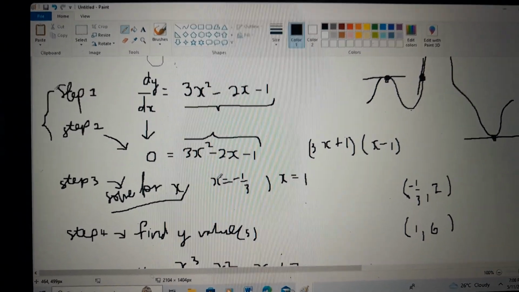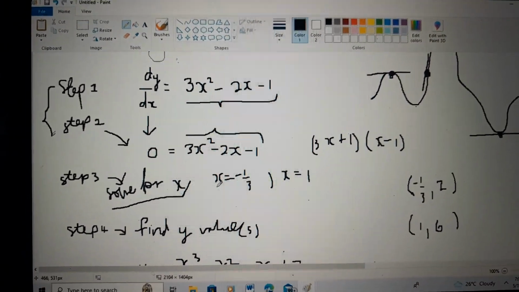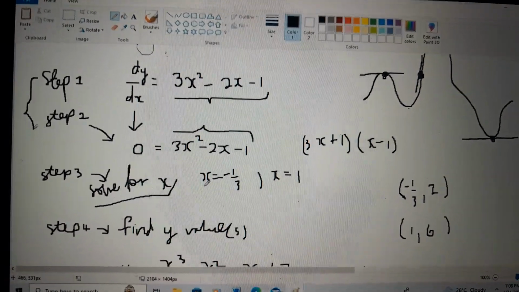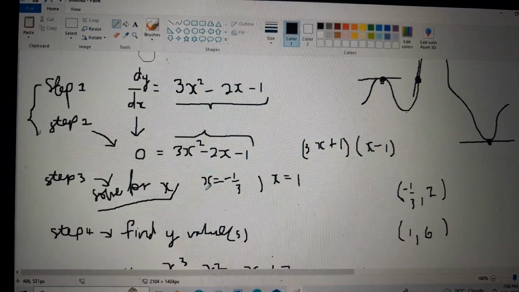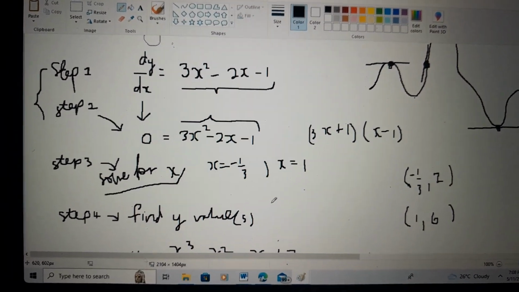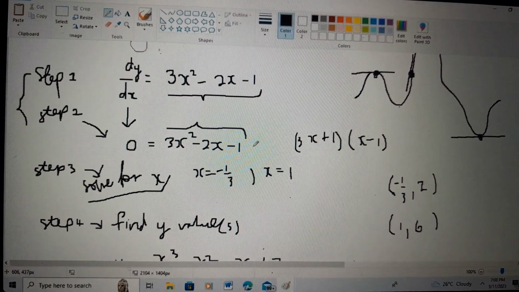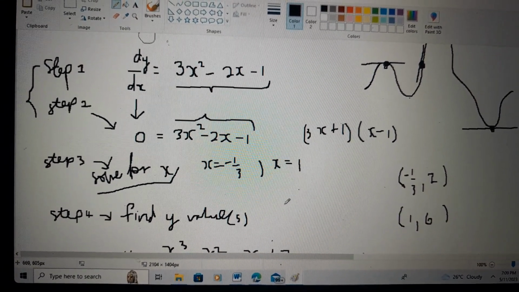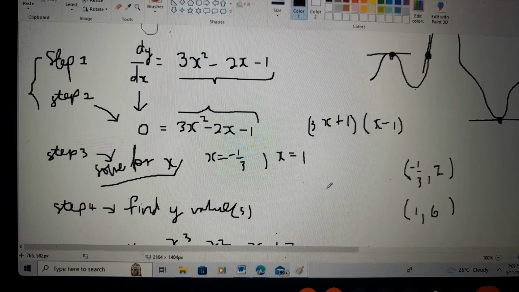These are the steps. Everything between the steps is totally up to your ability to simplify. Am I clear to anyone? If you're having difficulty factorizing, differentiating, simplifying, then you need to work on that, right?